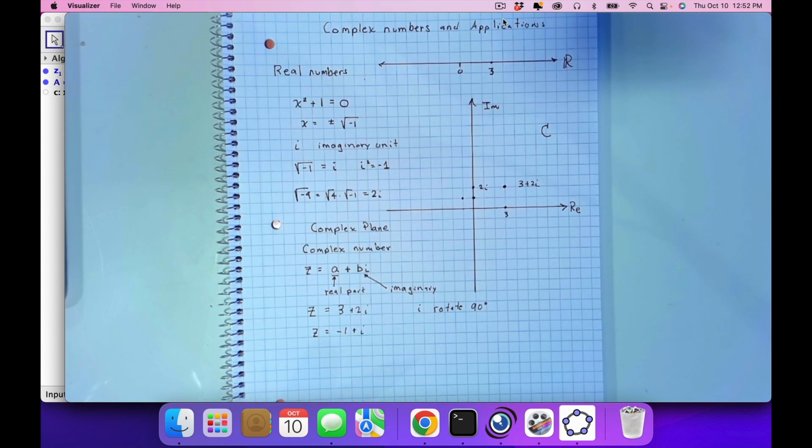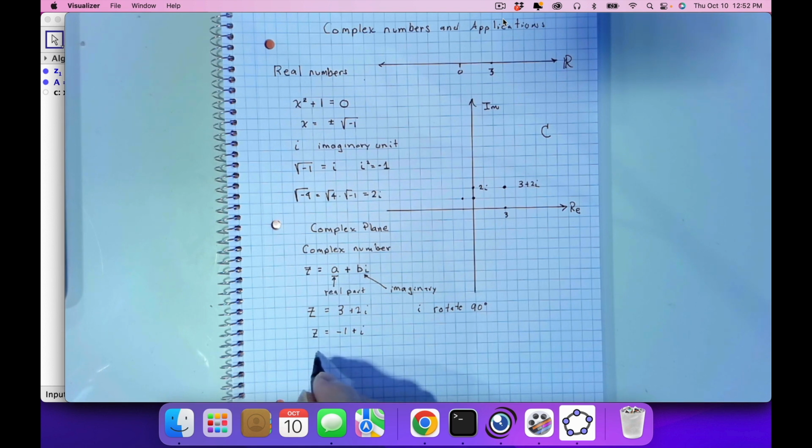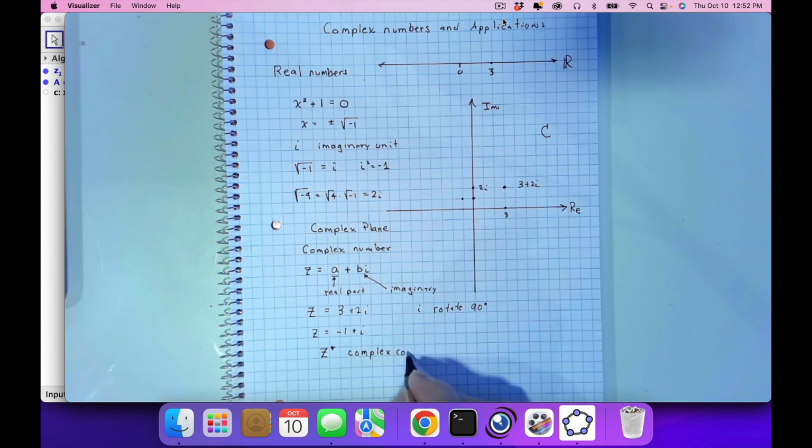The next thing I want to do is find something called the complex conjugate. If I take a complex number and write this little star, this superscript, that's called the complex conjugate of the complex number. How do we find the complex conjugate?